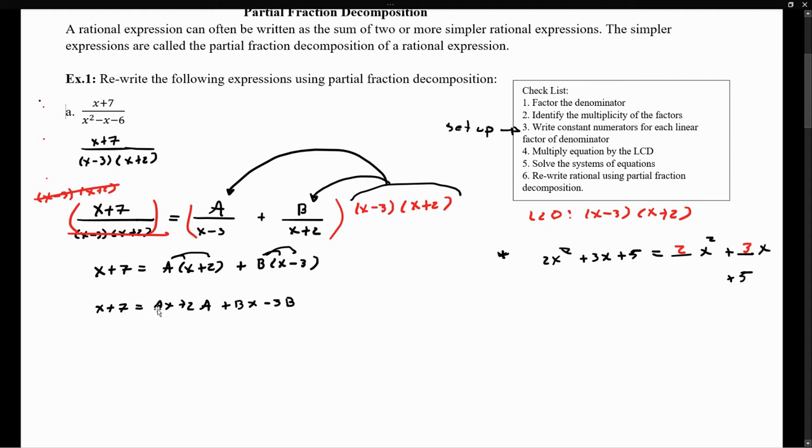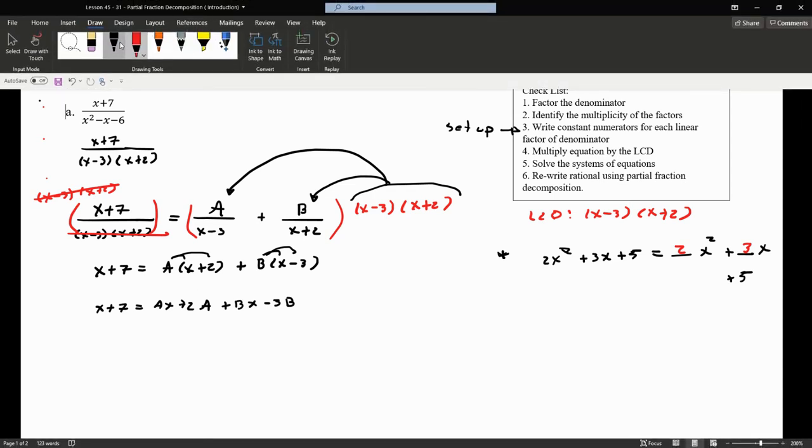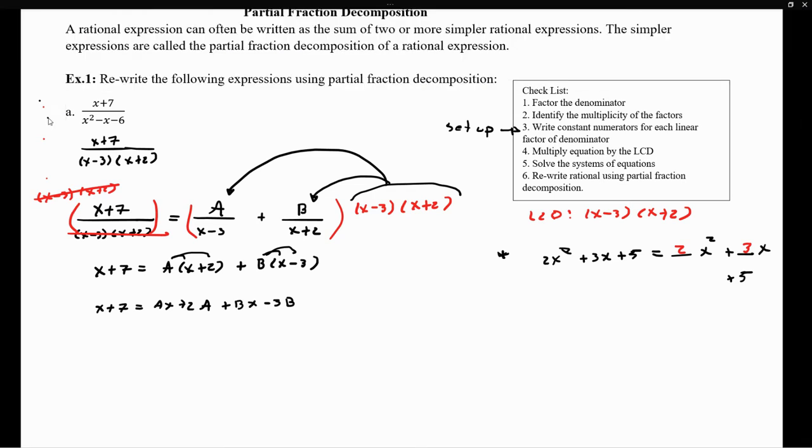I'm going to be grouping the right-hand side in terms of its variables, and I'm going to match it with what's on the other side. So let's do that. On the right-hand side, let me group those terms that have an x on them, which in this case, there are 2 terms. I have Ax and I have Bx.